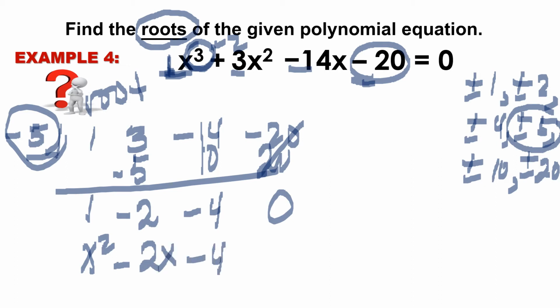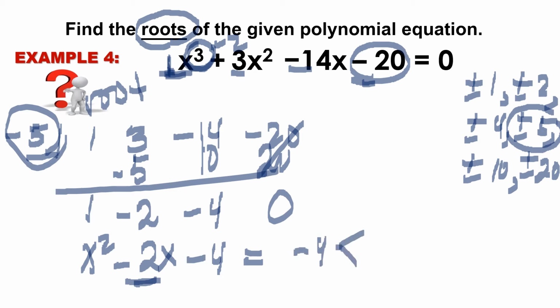From here, let us factor this out for us to come up with other roots. Can we factor this? Negative 4. Think of factors that will give us negative 4, and when we add or subtract, we'll get negative 2. Can you think of that? One is positive, one is negative. I think we cannot think or look.